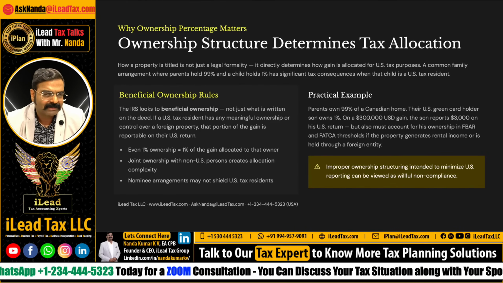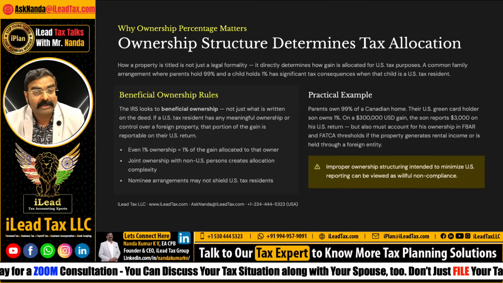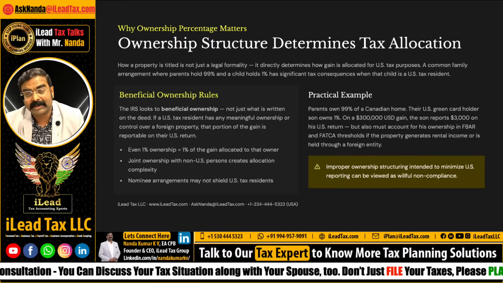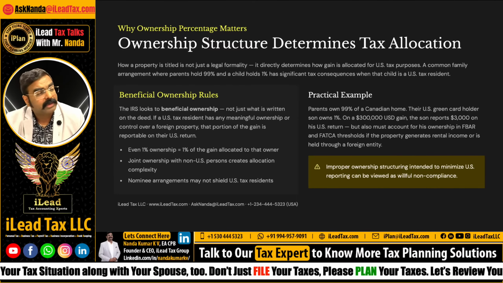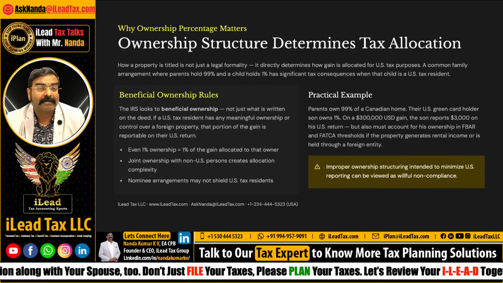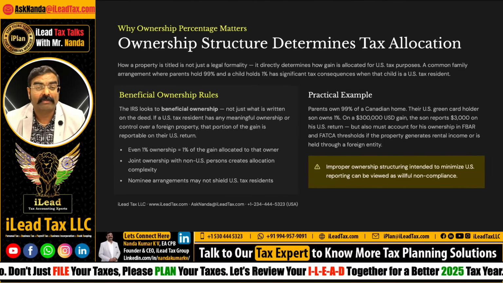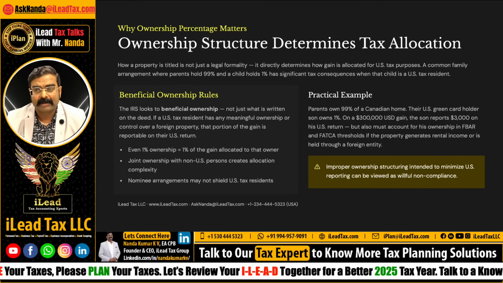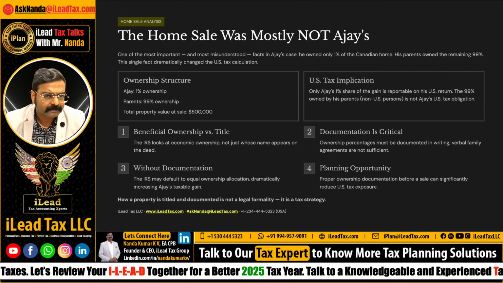Now, for Indian families with joint property, ensure you get a lawyer to document ownership percentages, especially if a US person is on the title. This is also relevant for your FBAR and FATCA if the property generates rental income that flows through a foreign account. Take care of that. Next.